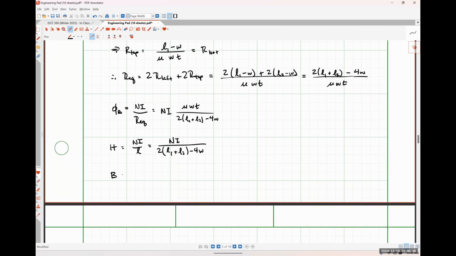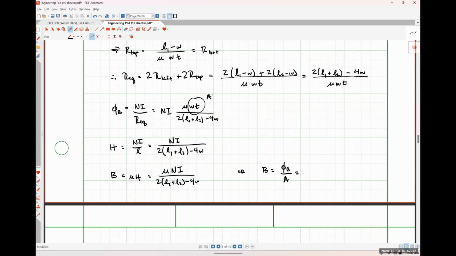B, our flux density, would be mu times H. So that's just going to be mu Ni over twice (L1 plus L2) minus 4W. Or B is given by flux over area, right? So if we look at our flux relationship and we divide by area, well, area is just this WT, right?